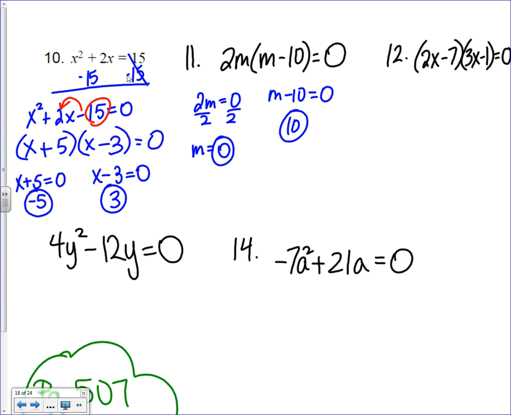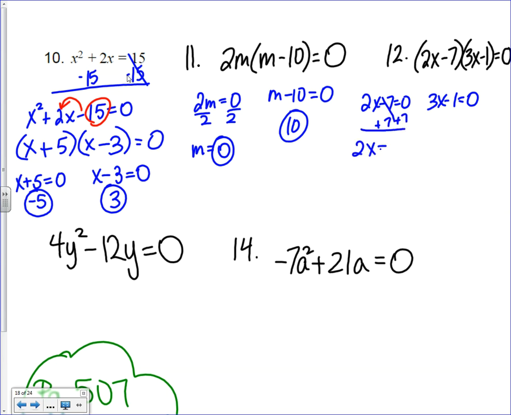Let's look at number 12. Do you agree number 12 is in the same situation? It's already equal to 0. The parentheses are already there for you. So all we have to do is set up the two equations and solve. Now I got some people fourth period on this. What would you do in the first equation? You're going to add the 7 first.